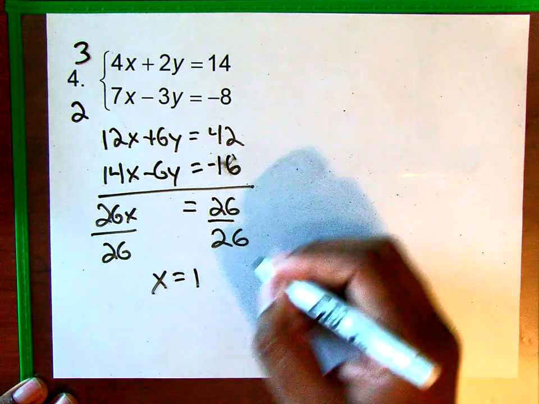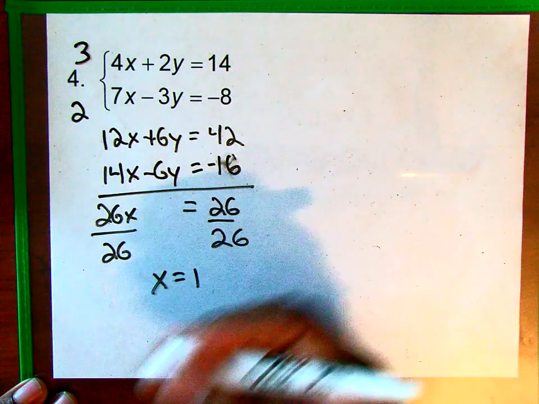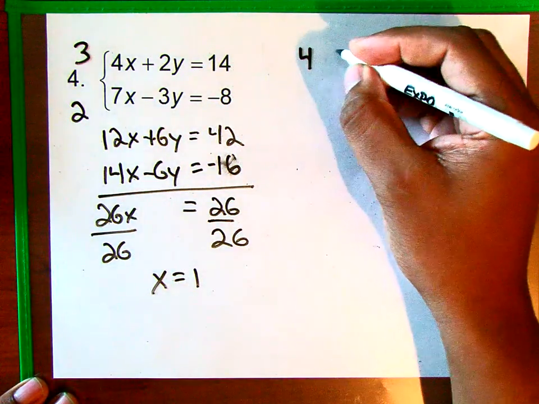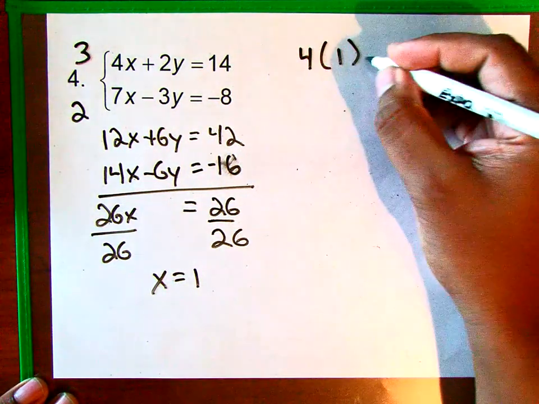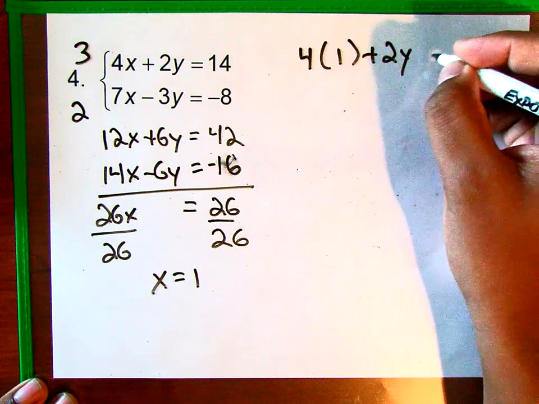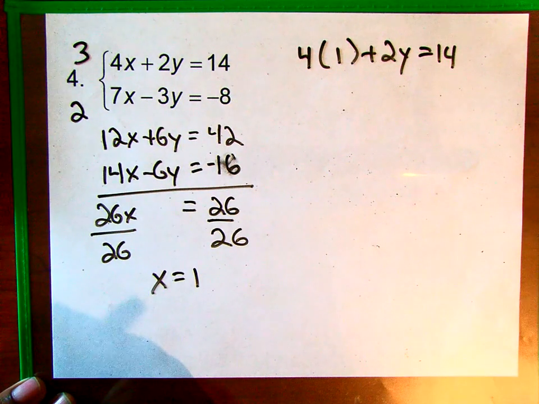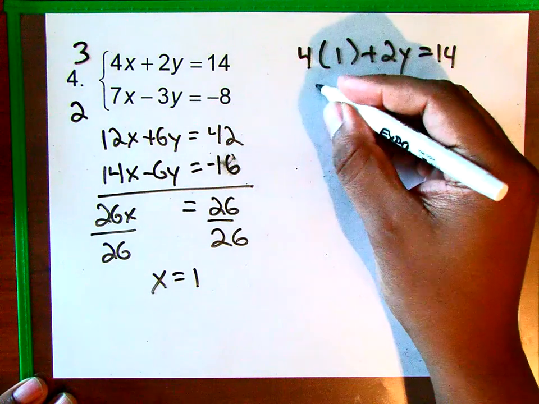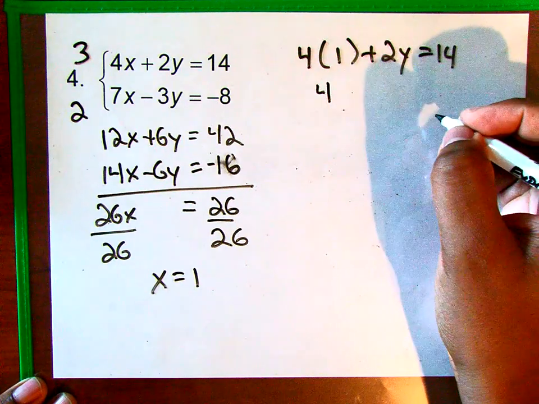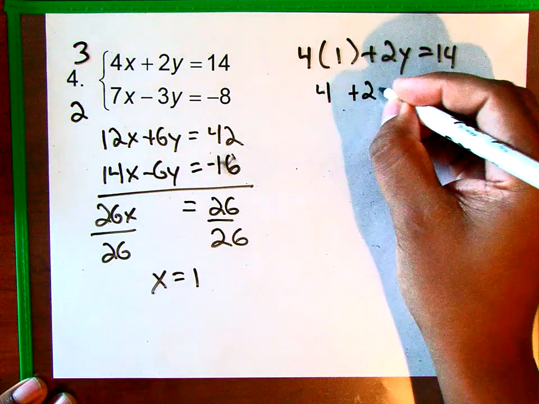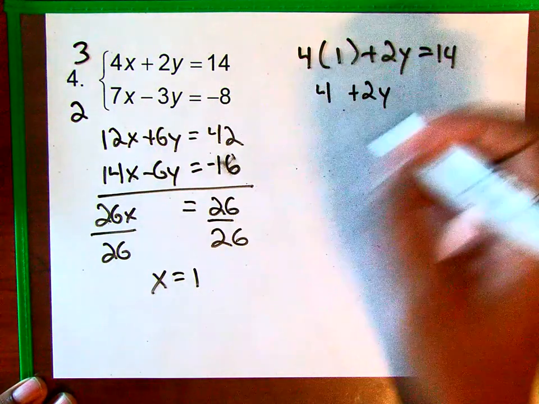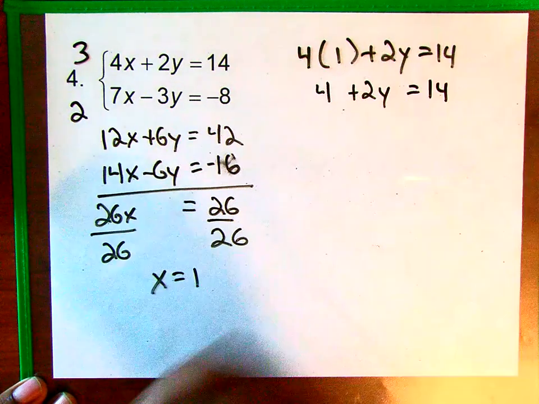And take my 1 and plug it in. I just happen to pick the first one here. So I have 4 times 1 plus 2y is equal to 14. Four times 1 is going to get us 4 plus 2y is equal to 14.